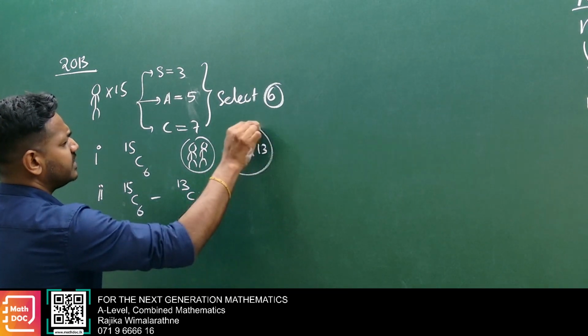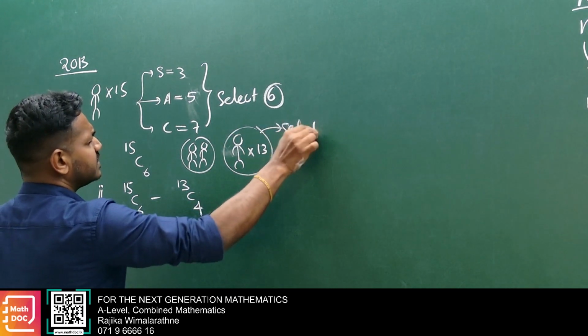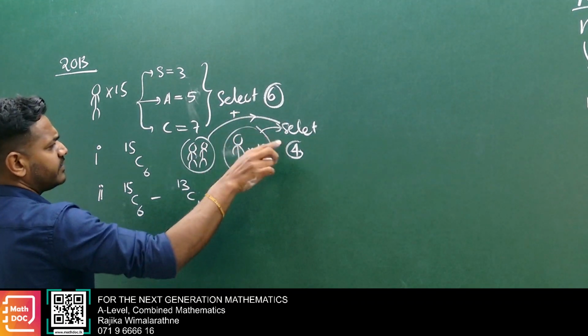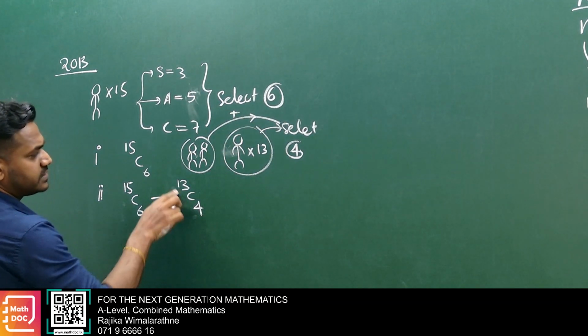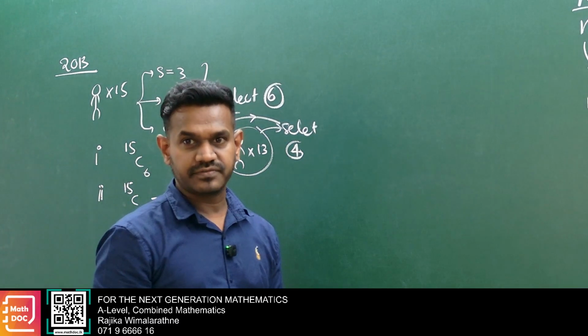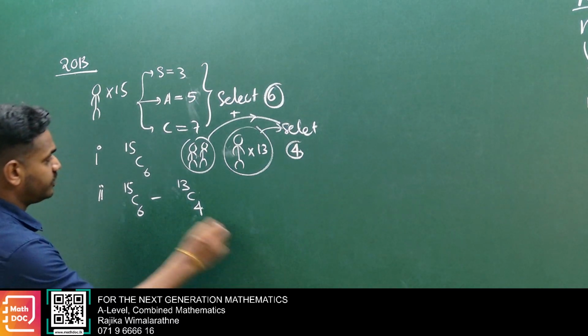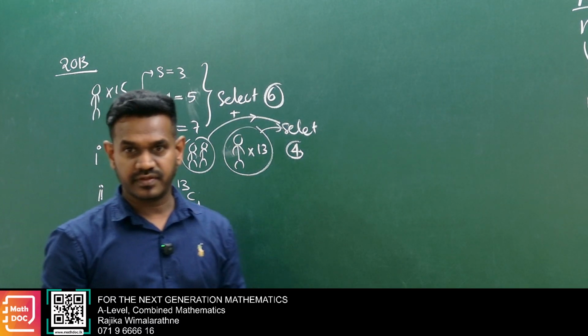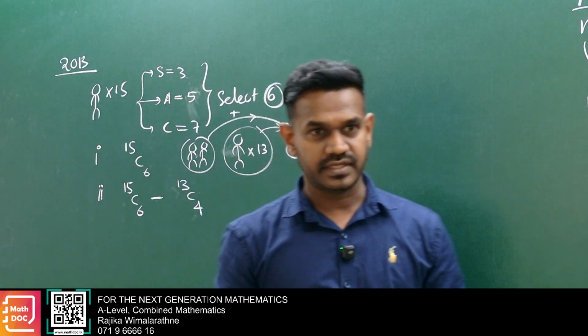From these 13 you select 4 and add with this. Then they work together, so 13C4 when both of them are working together. Then if you remove that, now they are not working together.